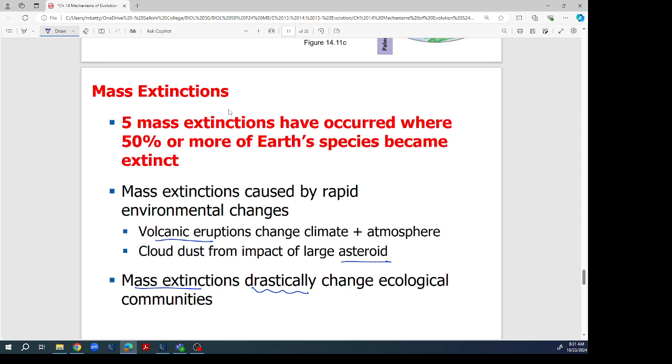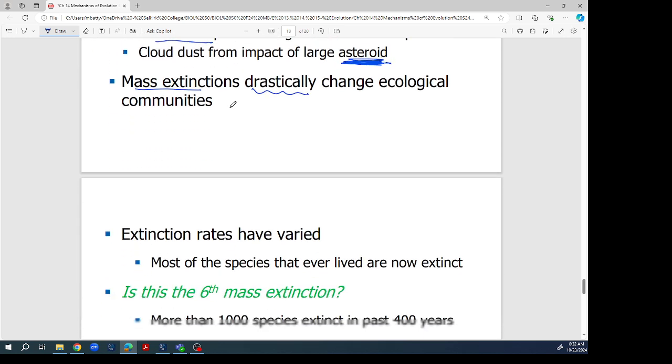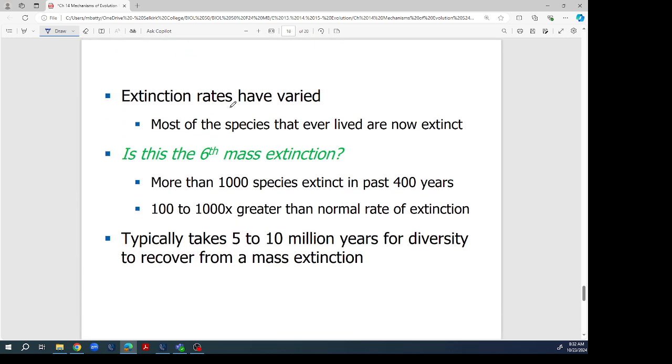Oftentimes you see a large amount. You might think back to the change from dinosaurs ruling the earth to mammals and the mass explosion of the diversity of mammals that we see in the fossil record. So extinction rates have varied. Right now, most of the species that have ever lived are gone, right?